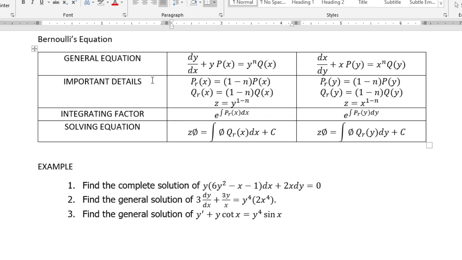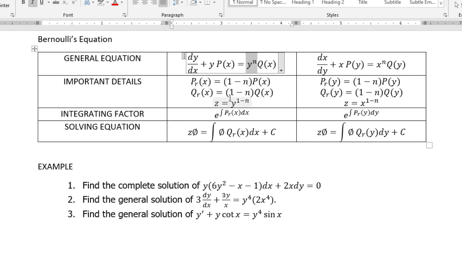So, dito, meron tayong madadagdag na variable, si PR tsaka si QR. So, to get PR of x, kailangan mo lang i-multiply si p of x by 1 minus n. So, saan natin kukunin si n? Si n is nakukuha dun sa exponent ni y, yung nadagdag na part.